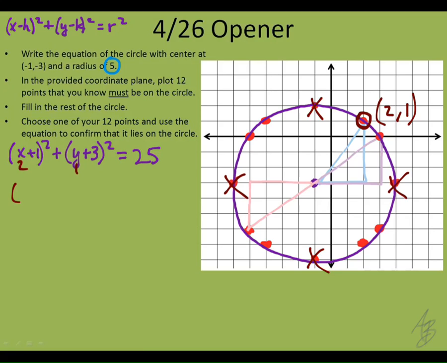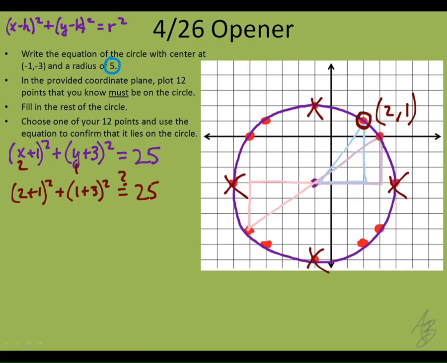If we do that, we're going to have (2 plus 1) squared plus (1 plus 3) squared, and hopefully that's going to equal 25. I'm going to put a question mark above our equal sign here because we don't really know right now. Actually, we do because it's a 3, 4, 5 triangle, but let's pretend like we don't know for sure that's on the circle yet.